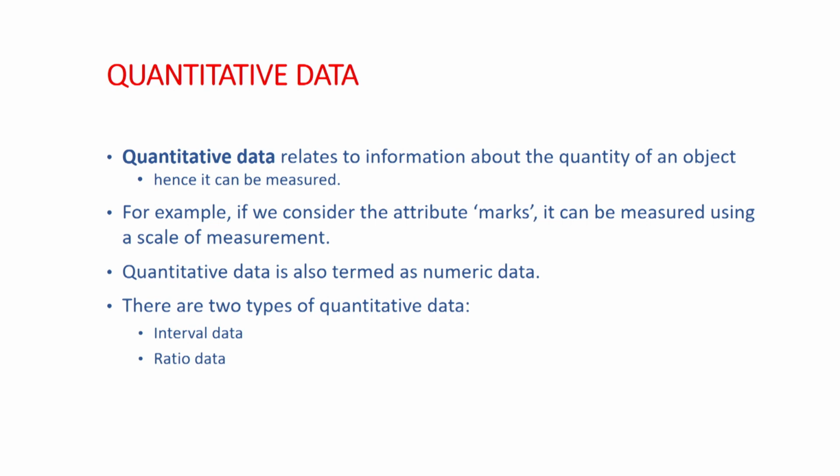An example is marks of the students. Marks are a measured quantity, so this is quantitative or numerical data. There are two types of quantitative data: interval data and ratio data.